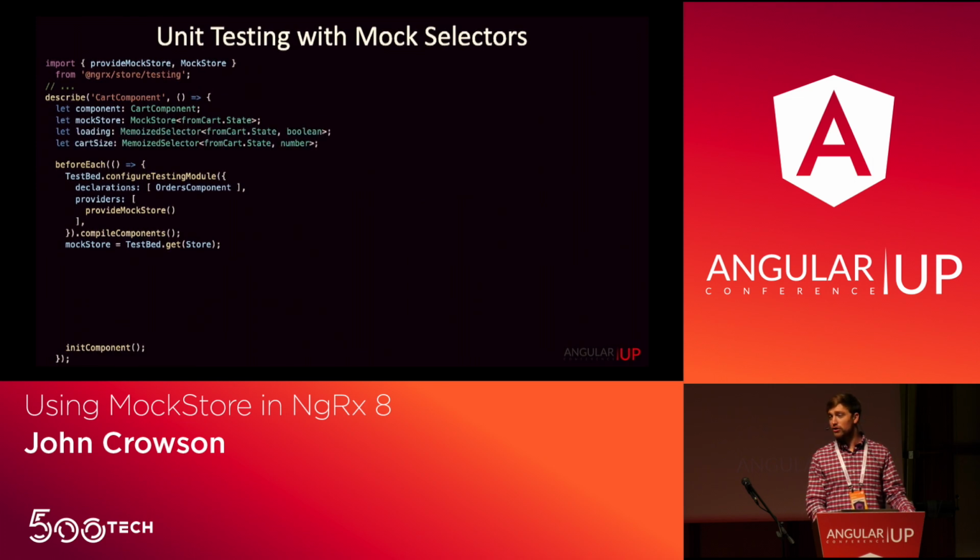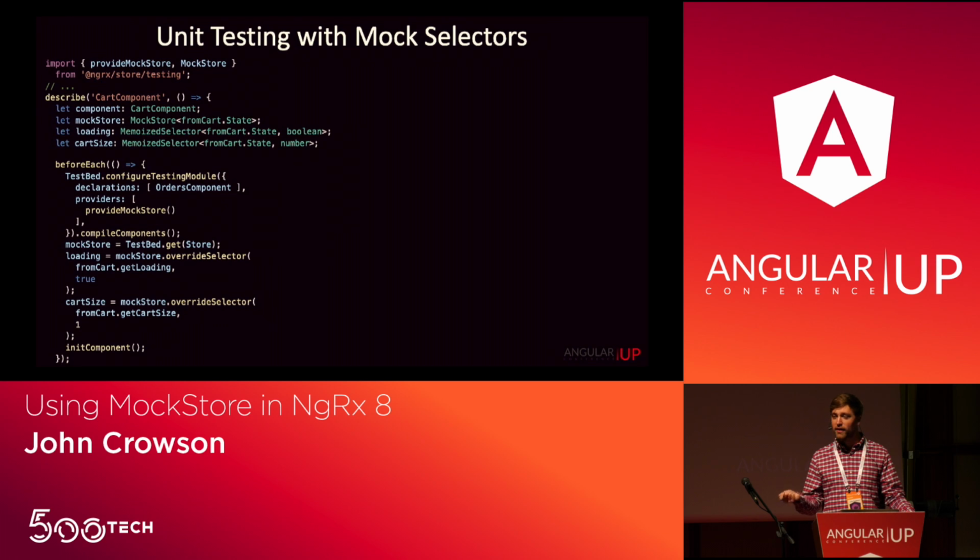I'm then going to create two instances of the selector, one for the loading, one for the cart size, and I'm going to set them using the MockStore's overrideSelector method, just passing in the selector that I want to overwrite and the initial value that I want to return. So just like with MockStore, these are the initial values for all of my tests.